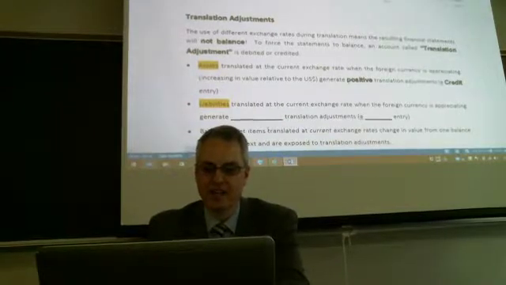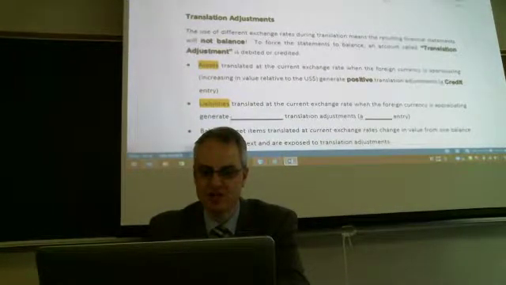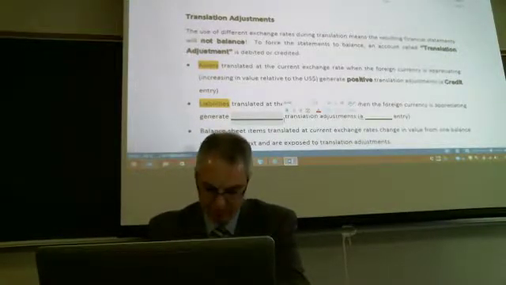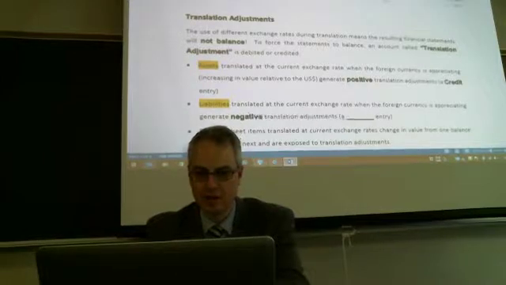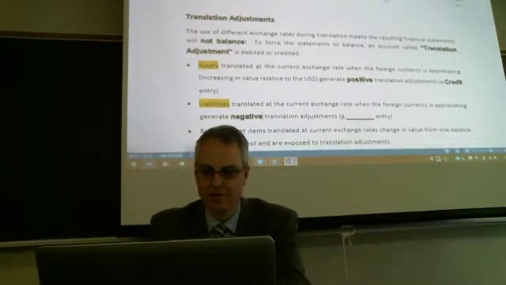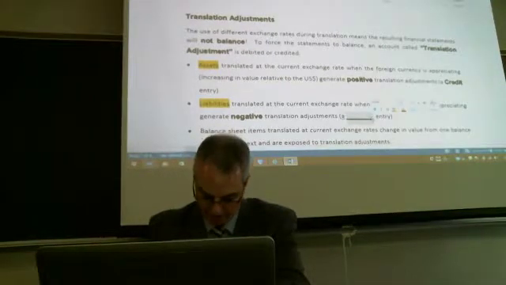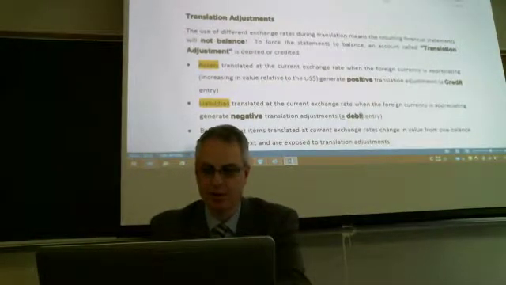Liabilities translated at a current exchange rate when the foreign currency is appreciating generate a negative translation adjustment. Obviously, that's going to be a debit entry.